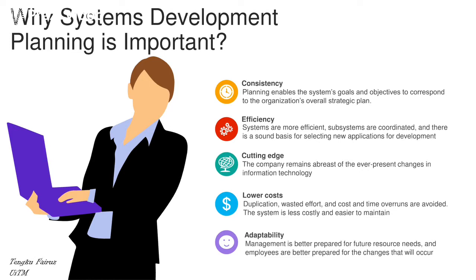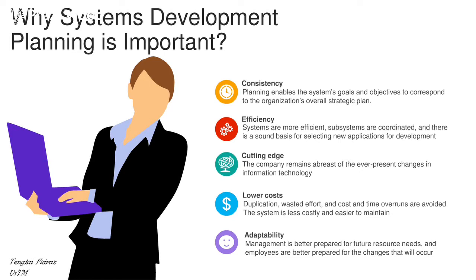The next reason is that the company wants to remain abreast of the changes in information technology. Then they want to lower the cost, because they want to avoid duplication and wasted effort, so the system will be less costly and easier to maintain.